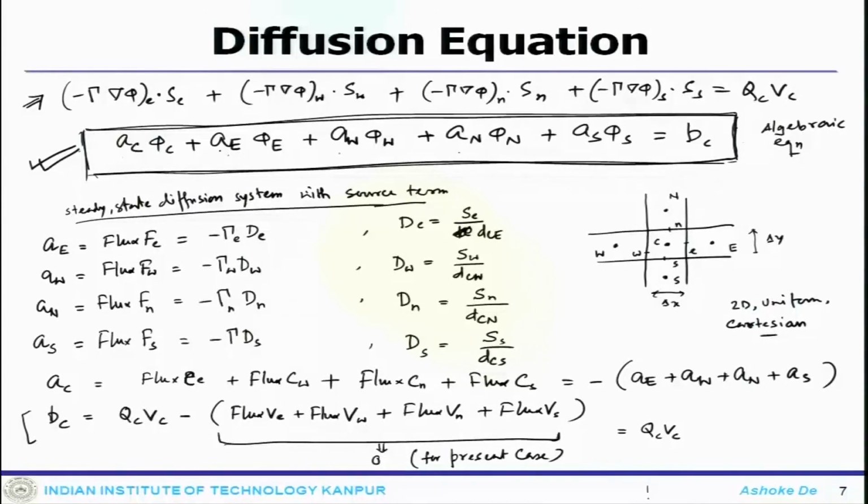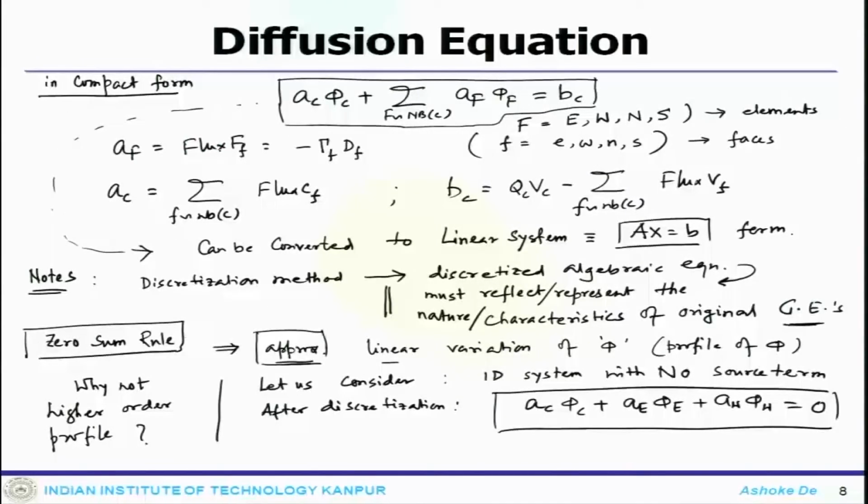So, it gives you back these 3 terms in the system, where AE is minus gamma E dE, AW is minus gamma W dW, and AC is minus AE plus AW. So, it follows all the standard equation system that we have derived so far. There is no variation to that.